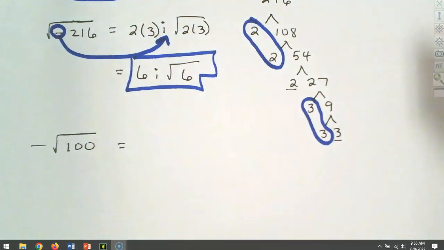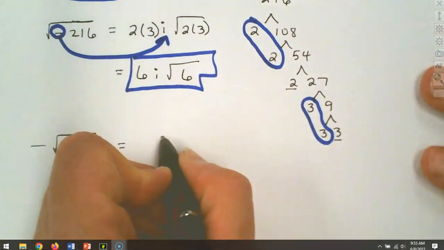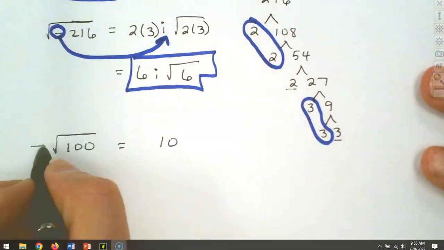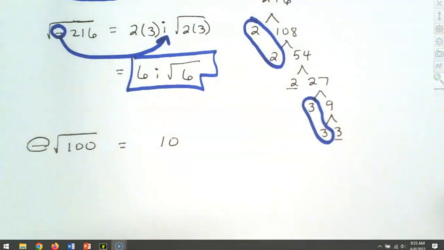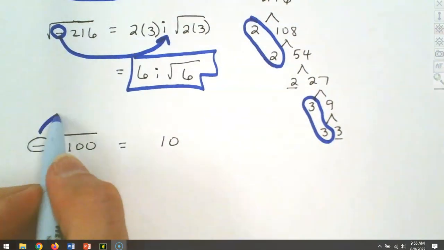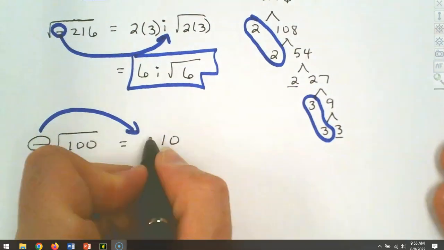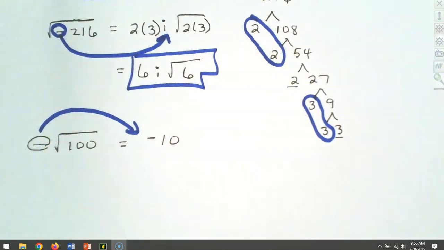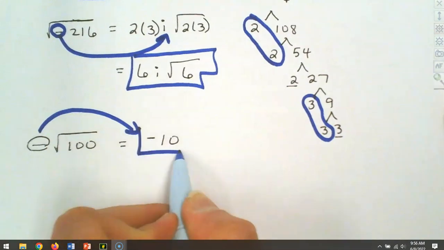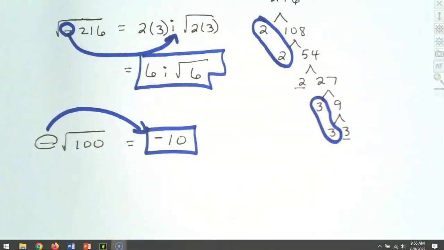So we know that the square root of 100 is 10. And the negative is out in front, so all that does is come along with it. And so what's my final answer? Simply negative 10. That's it. It's not imaginary. Why not? Because the negative is out in front.